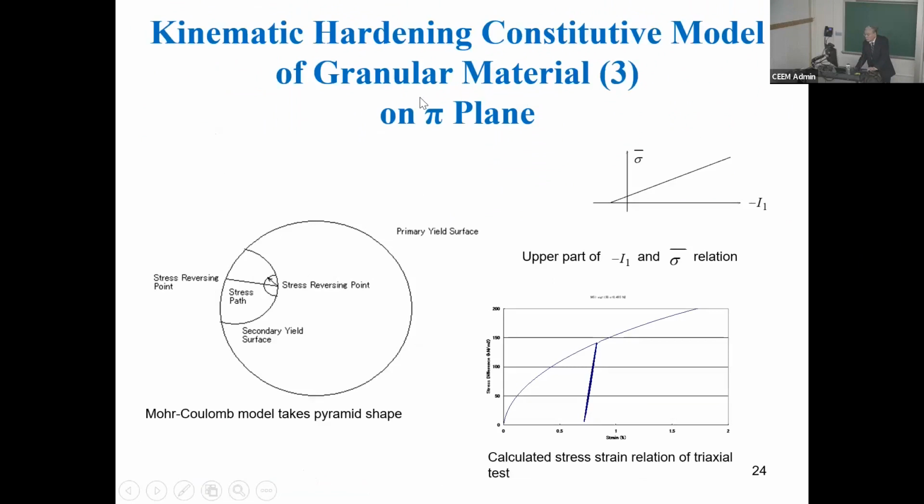So for granular material number 3, the kinematic hardening model. This is the primary yield surface. Of course, in the case of the Mohr-Coulomb model, this takes a pyramid shape.